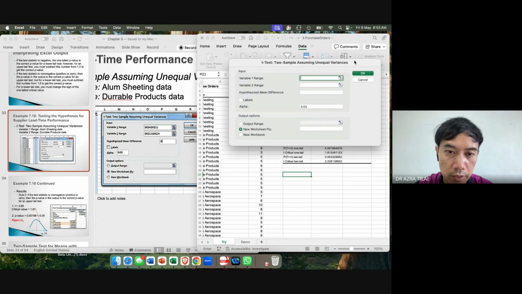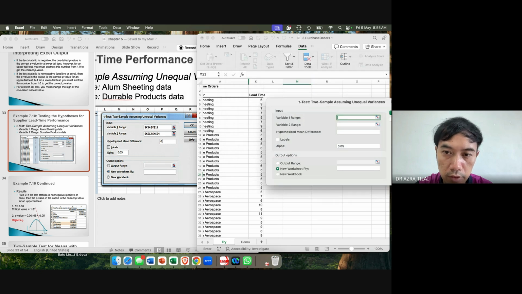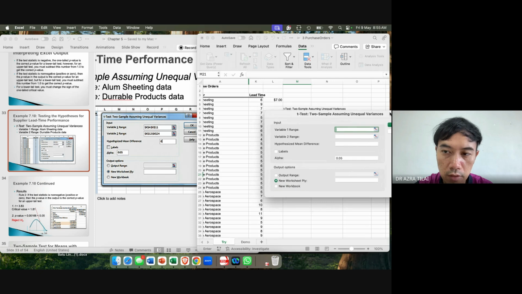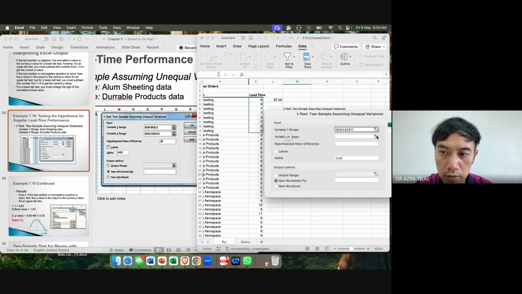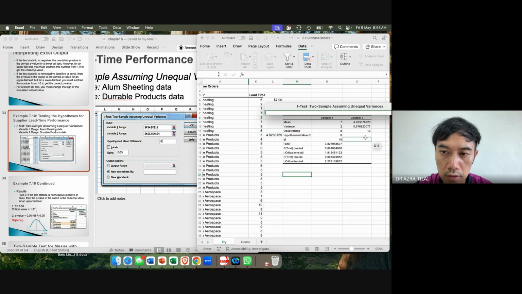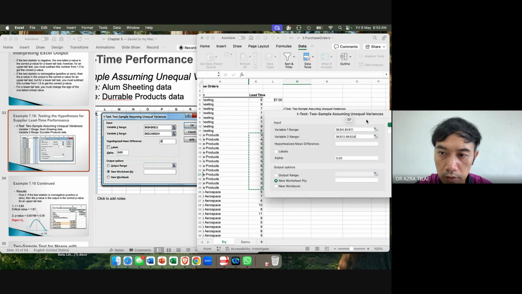So variable range 1. So you can highlight this one. Okay. Right. And then the next one is this one. All the durable products data. Okay. Right.